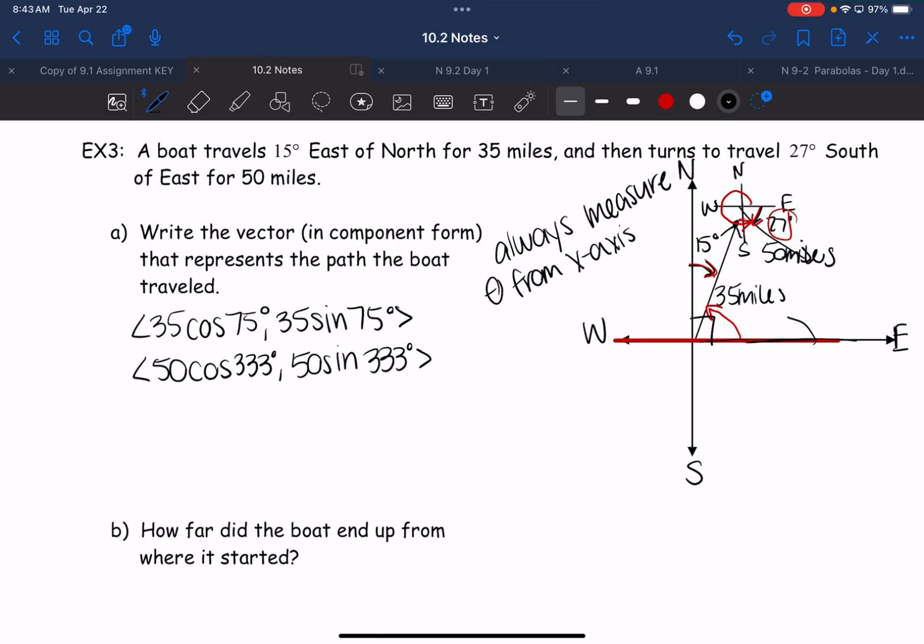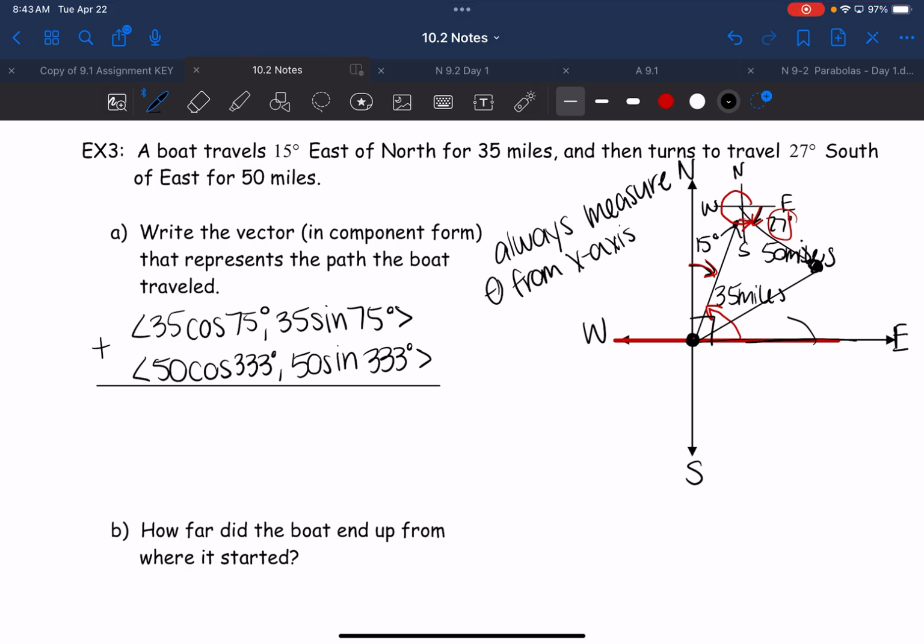All right, and then if I'm looking for where I ended up, our end spot, I started right here. I ended up at the end of this vector over here. So the shortest distance, what am I going to want to do with those two vectors to find that spot? Add them. Yeah, I'm going to add those two vectors together. So this is where you'd want your calculator.